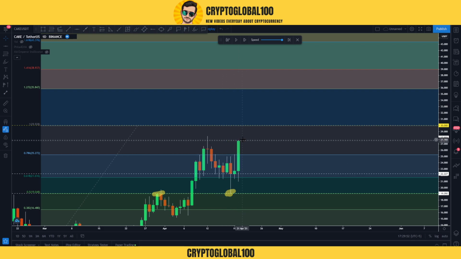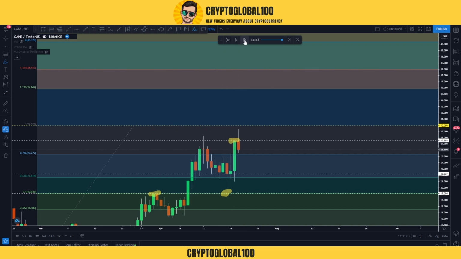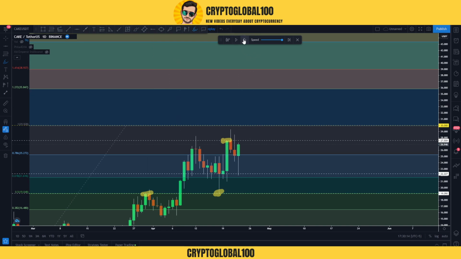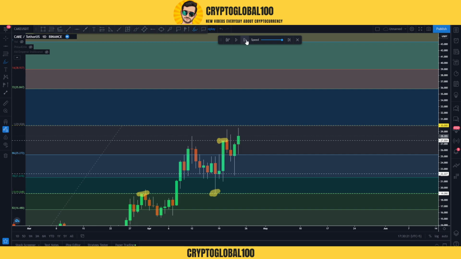It went up to test this zone, which was the previous swing high and previous resistance. Let me test the next candle. It was rejected again, went down to test this 0.786 zone, which was a Fibonacci level. Again it went down to test this support zone as well, 0.618, then rejected again, then moved up and broke through.